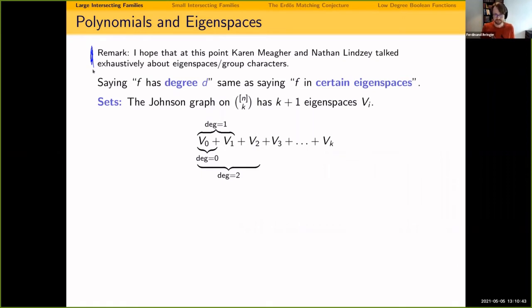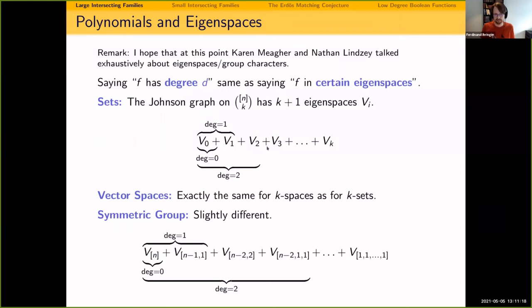For example, for k-sets, that's the Johnson graph. We have k plus 1 eigenspaces of our graph. We can order them in a nice way, and being in the trivial eigenspace, so that is just the span of the all ones vector, is being degree 0. Then being in the first 2 is degree 1, and the next is degree 2, and so on.